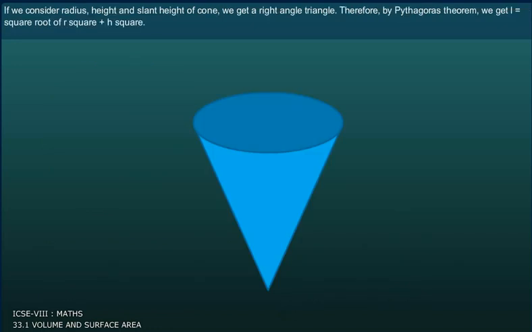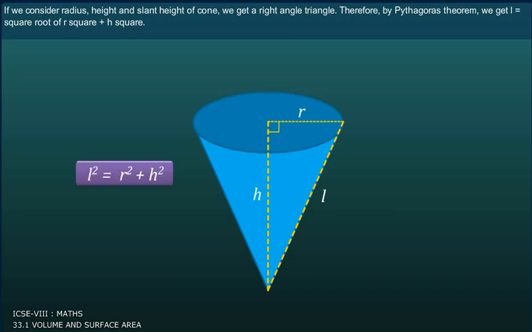If we consider the radius, height and slant height of the cone, we get a right angled triangle. Therefore, by Pythagoras theorem, L is equal to square root of r square plus h square.